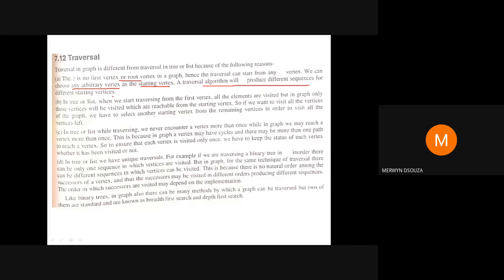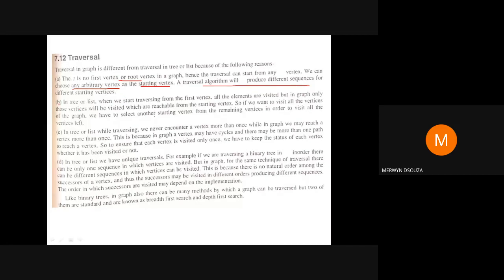For example, suppose there are three vertices in the graph: A, B and C. If some students take A as the starting vertex, they'll get some particular sequence. Other students who take C as the starting vertex will get some other sequence, and so on. So the answer need not be the same at the end.